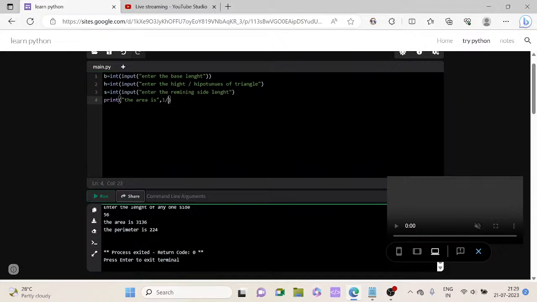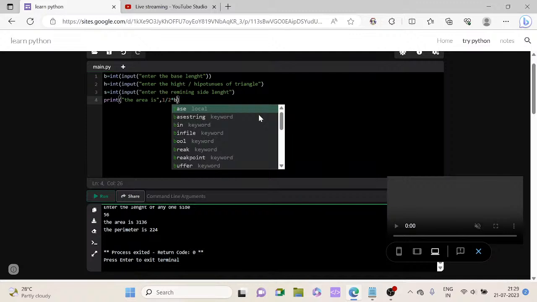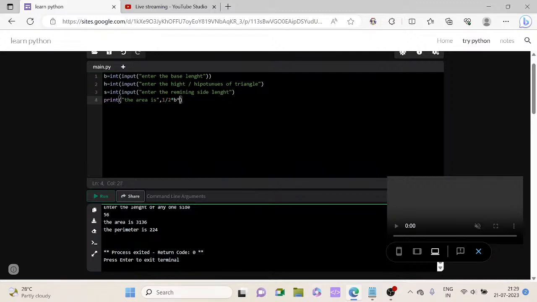So 1 by 2 into B into H. Or not like this, we need to use the next variable also. We can type like that, but in bigger programs it's not recommended.